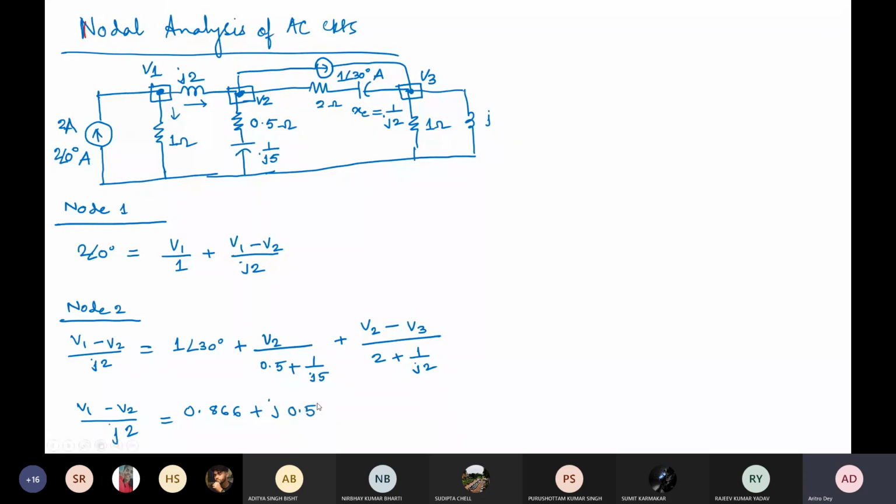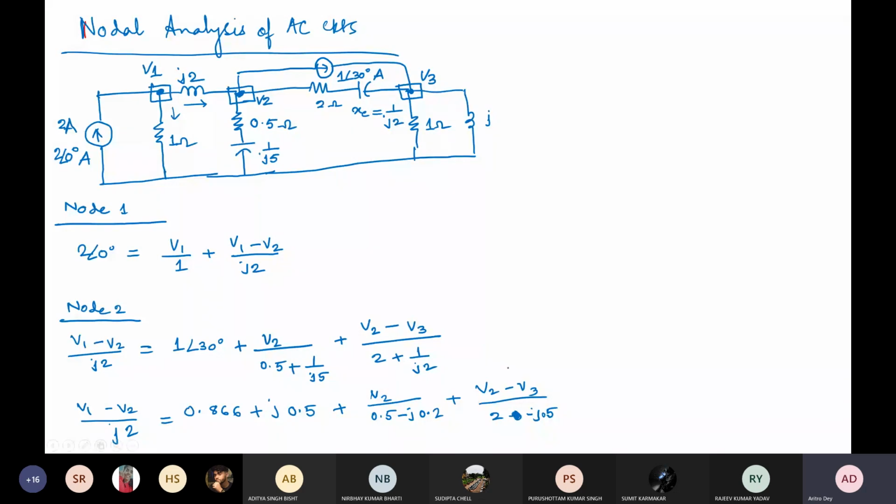So we have converted from polar to rectangular, and then here we can write V2 by 0.5 minus j0.2, isn't it? And here V2 minus V3 divided by 2 plus 2 minus j5, sorry, 0.5. So this is how you can get the second node equation.